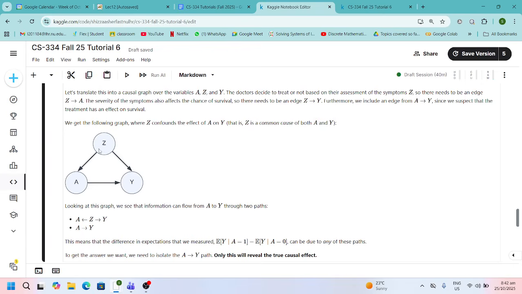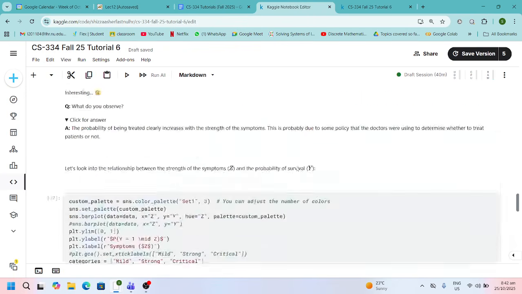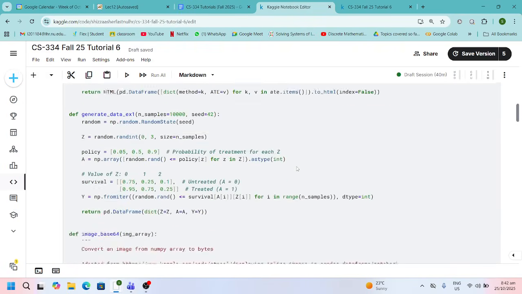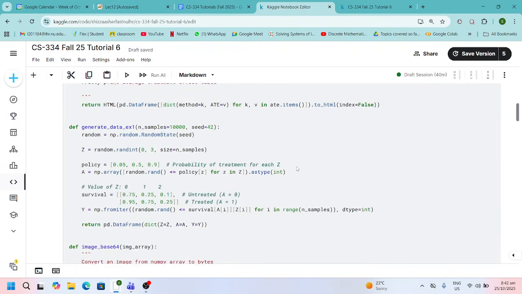So essentially, the arrow going from Z to A, if I'm able to get rid of that and just replace it with a coin flip, then and only then I will be able to determine the true impact of A on Y. So I just want to show you our previous data generating algorithm, a bird's eye view at this point.